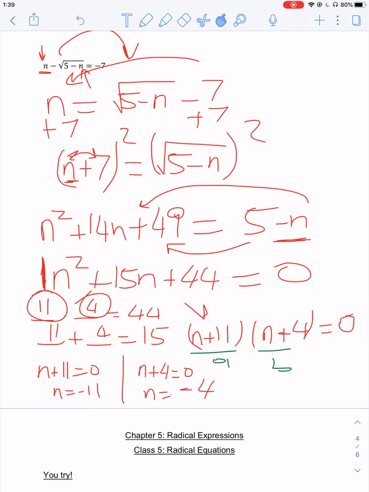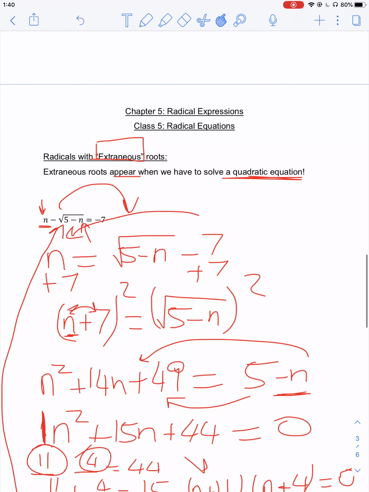If I plug in minus 11 into my equation over here, 5 minus minus 11 is 5 plus 11, so that gives me 16. I'm running out of space, so let's work this out up here.